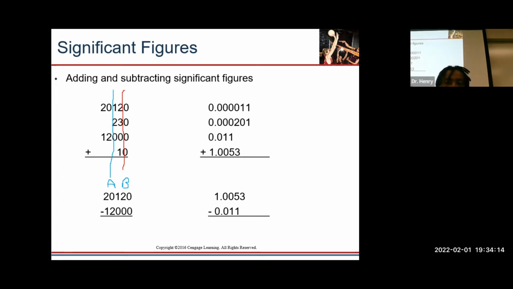So we're going to be using A as our determining point. Go ahead and add it up. So that's 0, 6, 3, 2, 3.